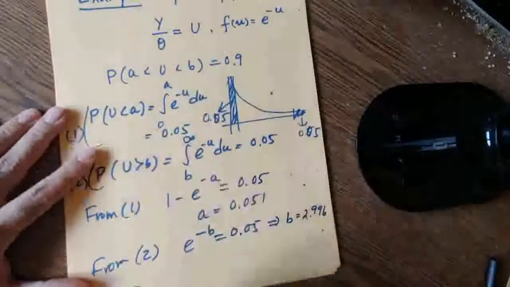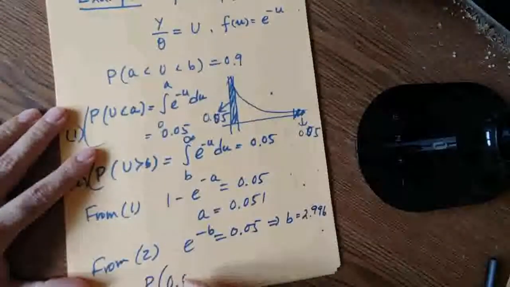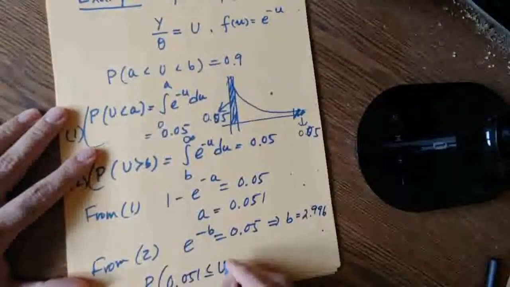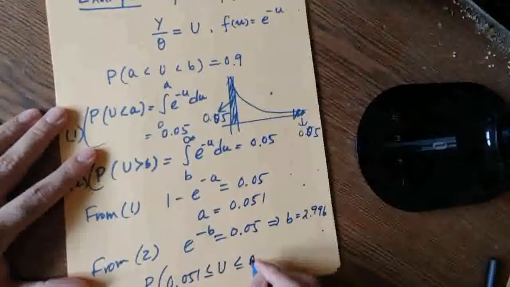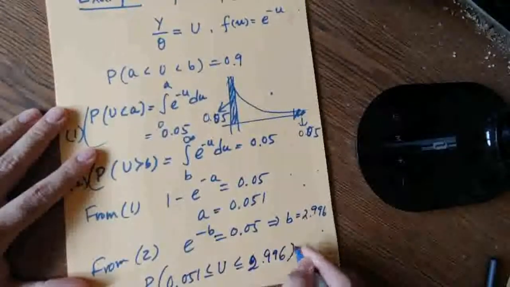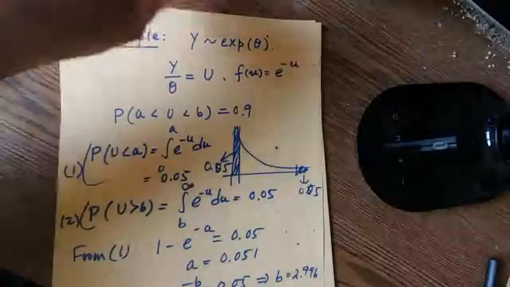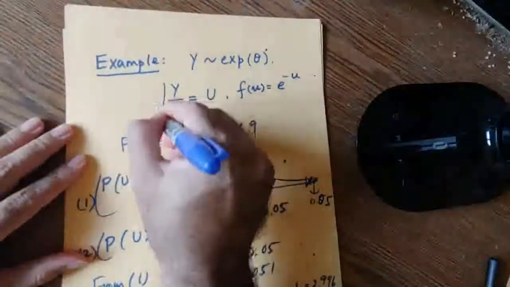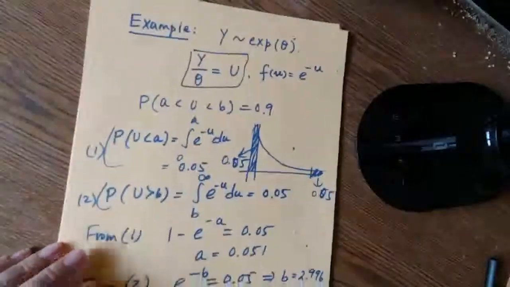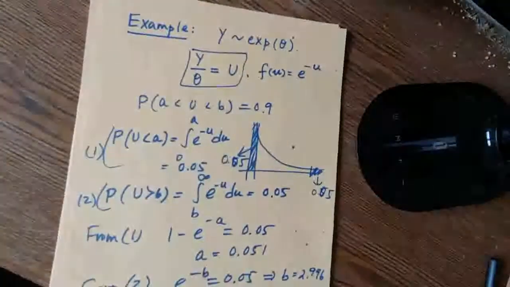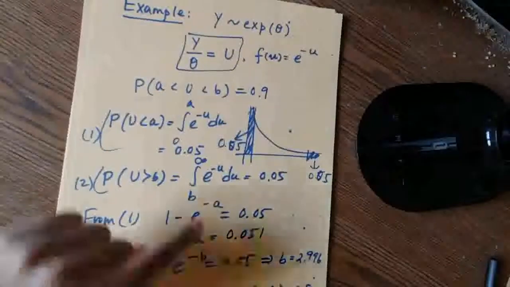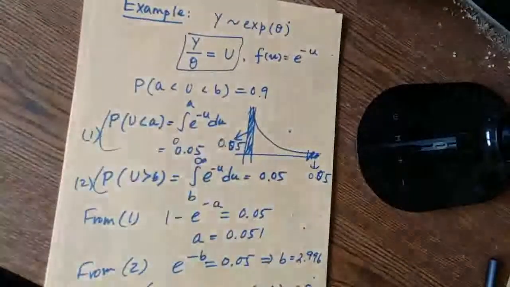So essentially what we did here, probability of 0.051 less than or equal to u less than or equal to 2.996 is equal to 0.9. Since we know the distribution of y over theta, that confidence interval can be calculated by integration. That's the whole point here.